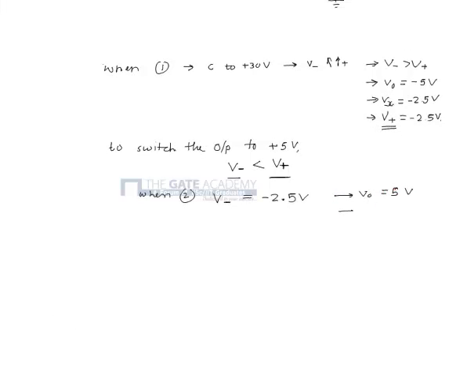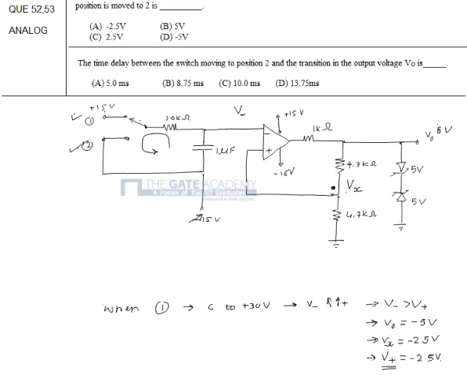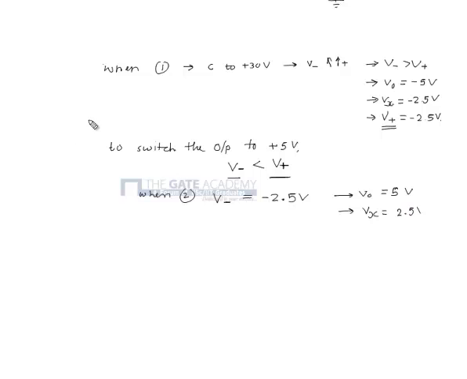plus 5 volt, and then Vx, the voltage divider, will be at 2.5 volt. Hence V plus, that is non-inverting terminal, will be 2.5 volt. Hence whenever V negative is just below V positive, this sequence of events happen and V non-inverting reaches 2.5 volt.